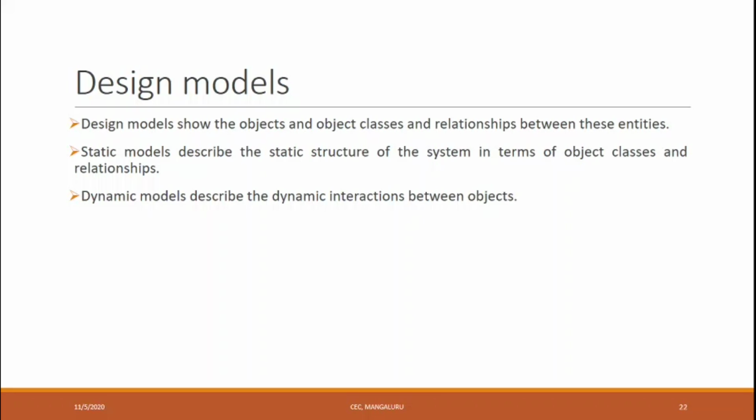A static model looks like a class diagram, whereas a dynamic model looks like a sequence diagram, where we can see how events trigger dynamically whenever they occur.